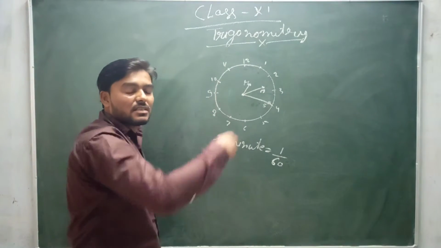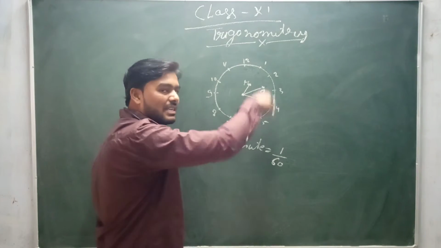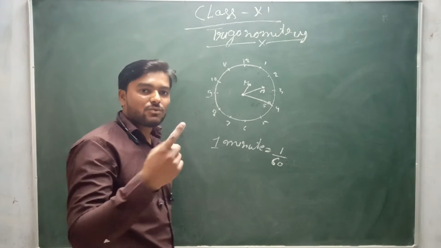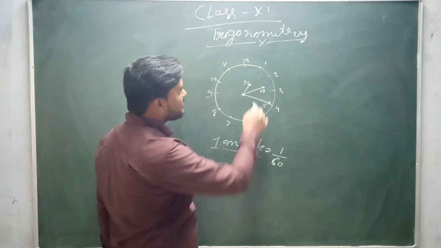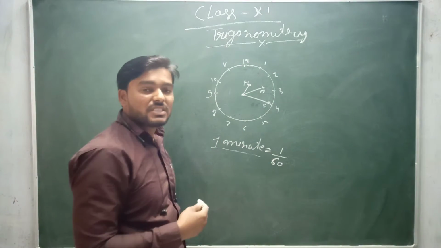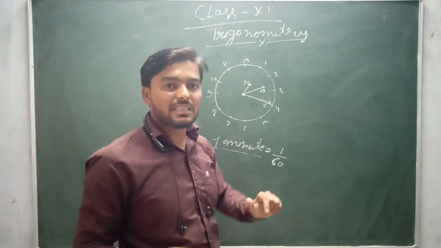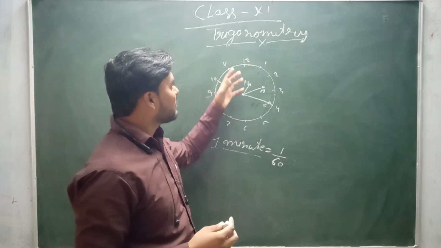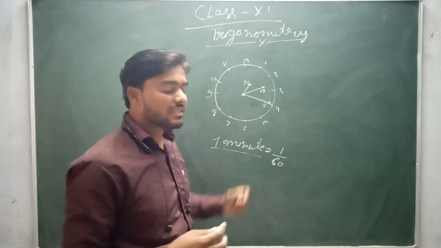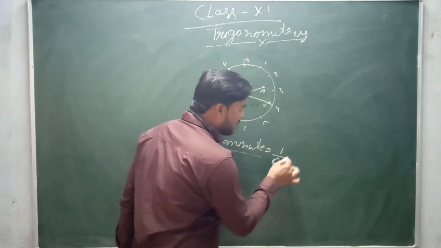How much is the total degree? That is 360 degree. In 1 hour there are 60 minutes in the total revolution of 360 degree. So 1 minute is equal to 1/60.